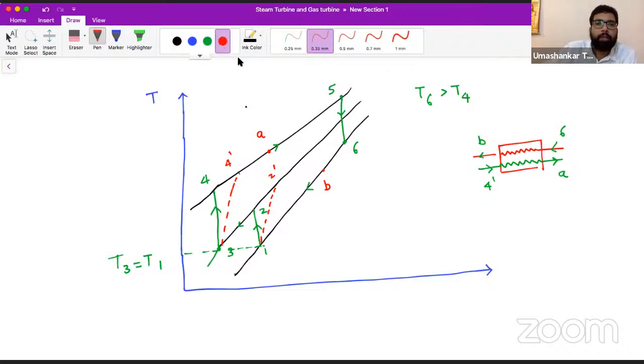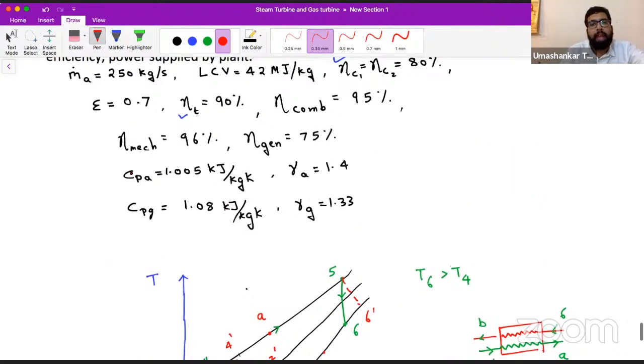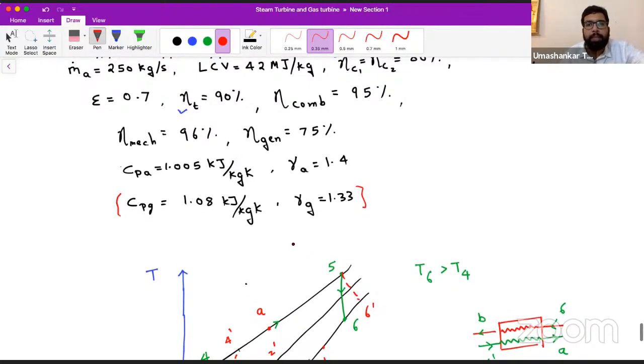Now we have the isentropic efficiency of turbine also, so let's put it there: 6 dash. Now you see from here that CPG and gamma G are given for the gas. It means that CP, CV and gamma change with temperature.